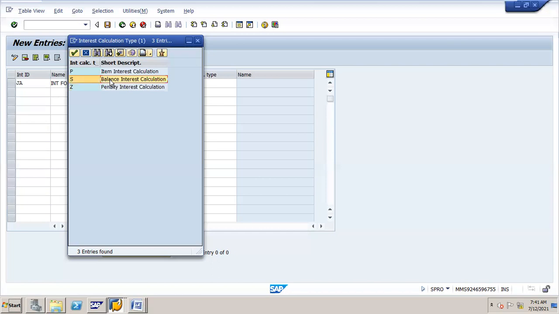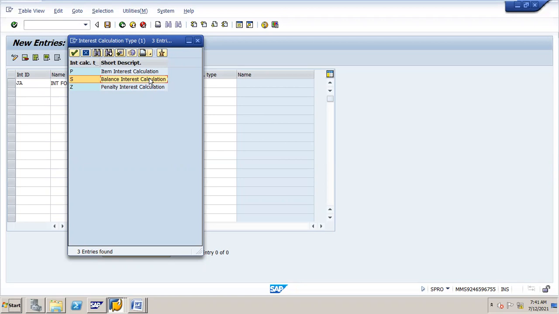What is balance interest calculation? Balance interest calculation is whenever your client has taken a loan from the bank, he has to make the payment of interest on the loan. That is called balance interest calculation.